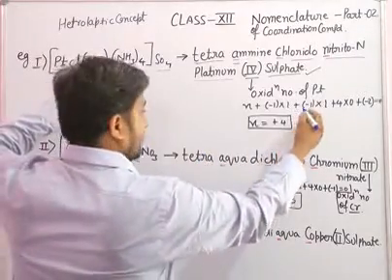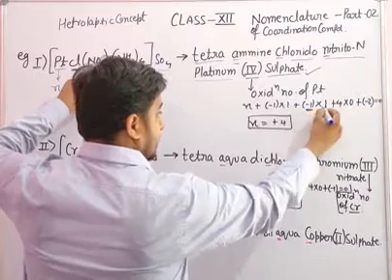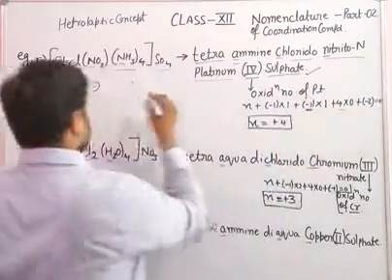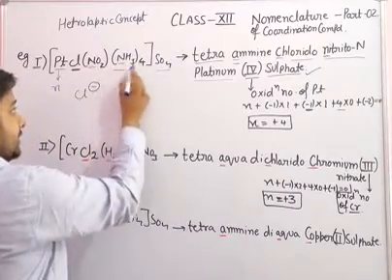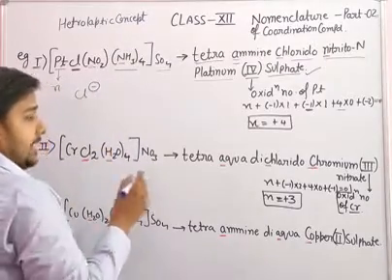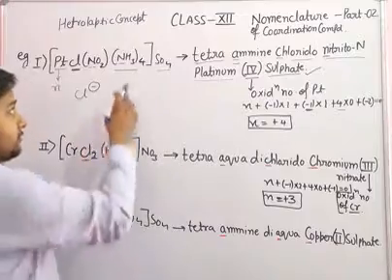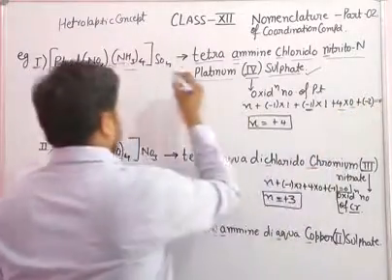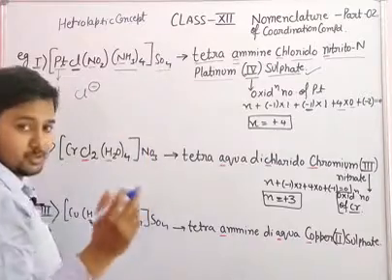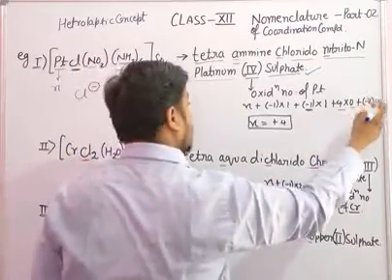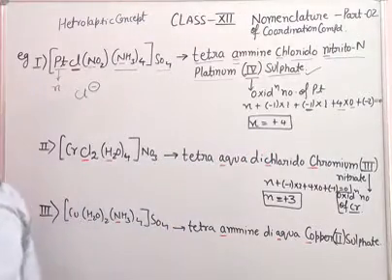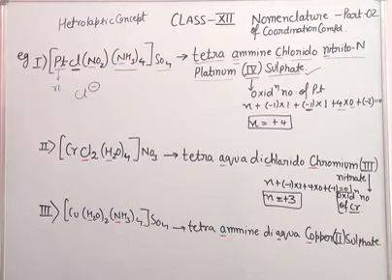NO2 having 1 negative charge is multiplied by 1, plus 4 into 0. That means NH3 is a neutral ligand having charge 0, and the number of NH3 is 4. So 4 into 0, plus SO4 having -2 charge, so -2 into 1, is equal to 0. Clear? After calculating this we get +4. So +4 is the oxidation number of platinum.